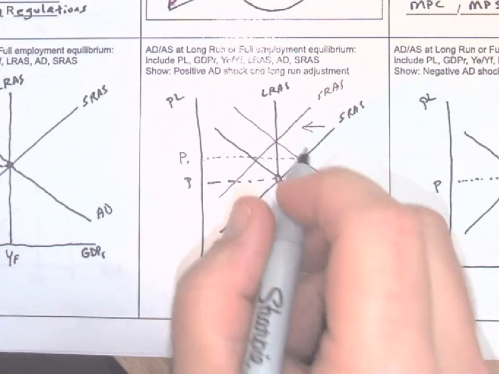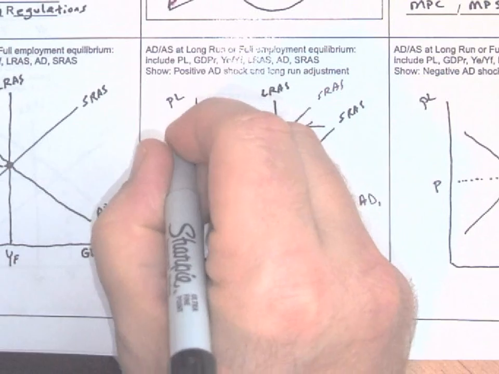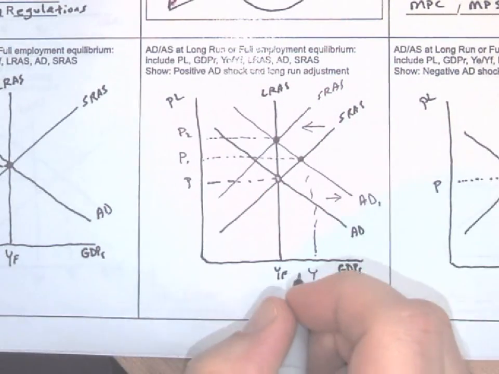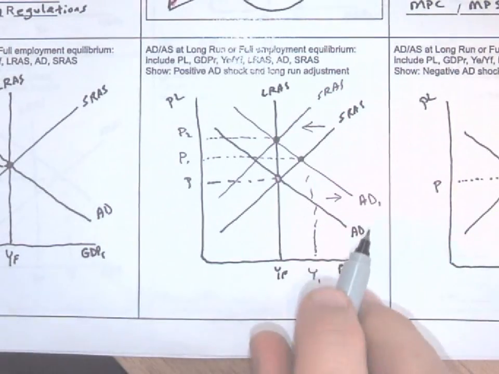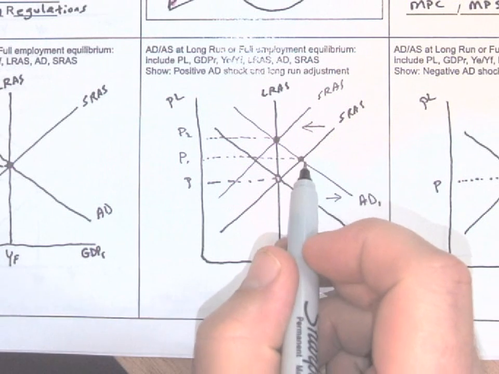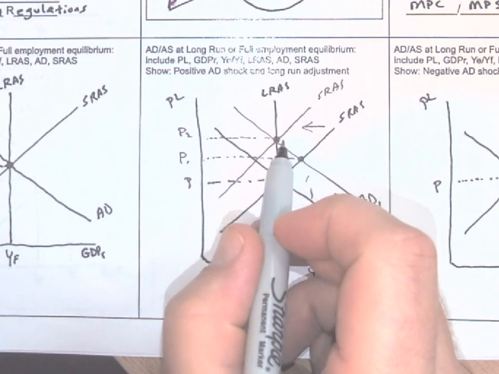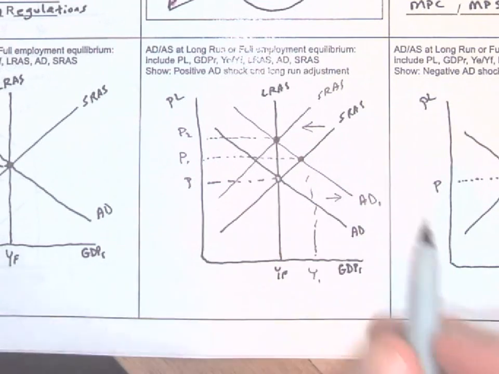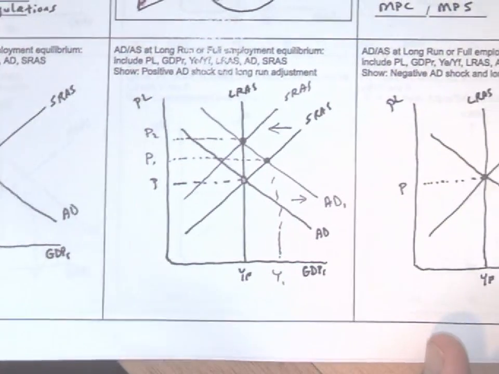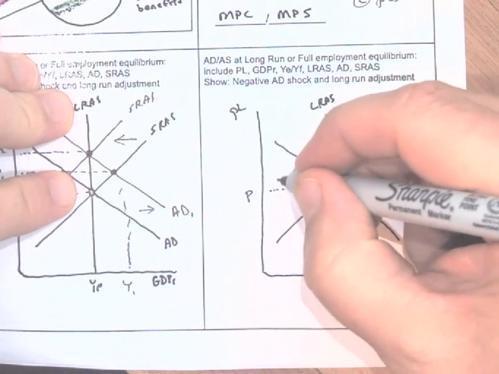People are going to slow down their spending, and supply is going to shift back to the left, which puts us at a second price level and pushes us back to long-run equilibrium. So if we have a positive aggregate demand shock, it sends us into an inflationary gap. In the long run, prices and wages will adjust, and inflation will be pulled back down to long-run aggregate supply.